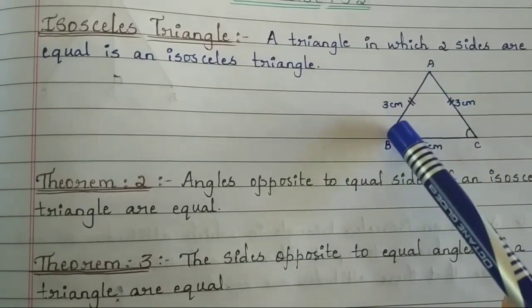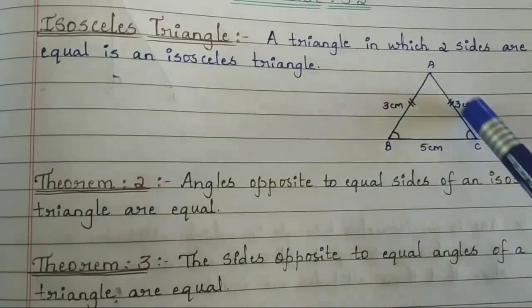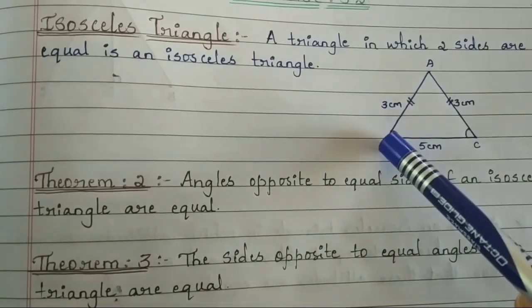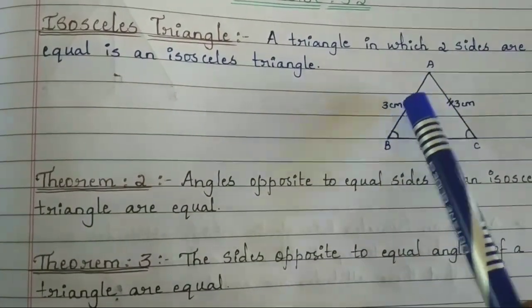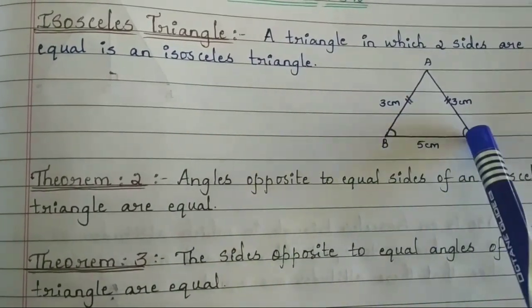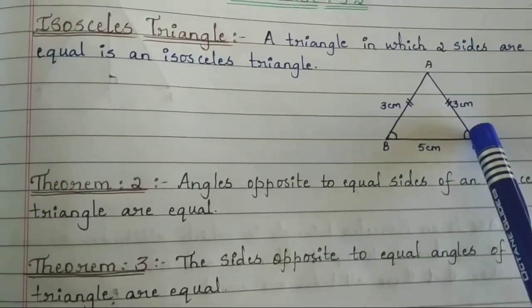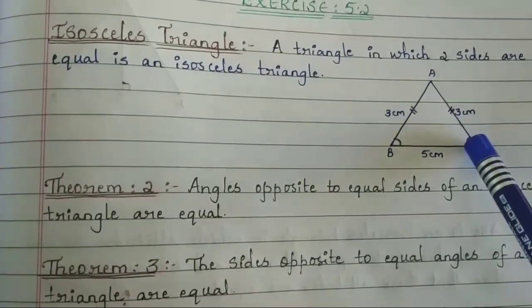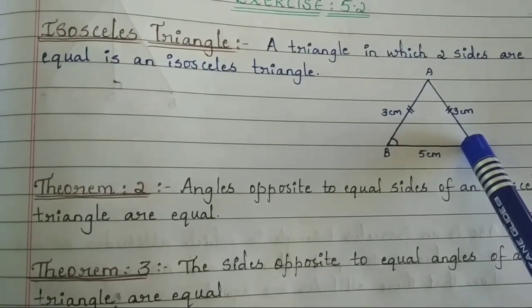Angle B is opposite to the side AC, and angle C is opposite to the side AB. So these opposite angles will be equal. Suppose this is 60 degrees, this will also be 60 degrees.